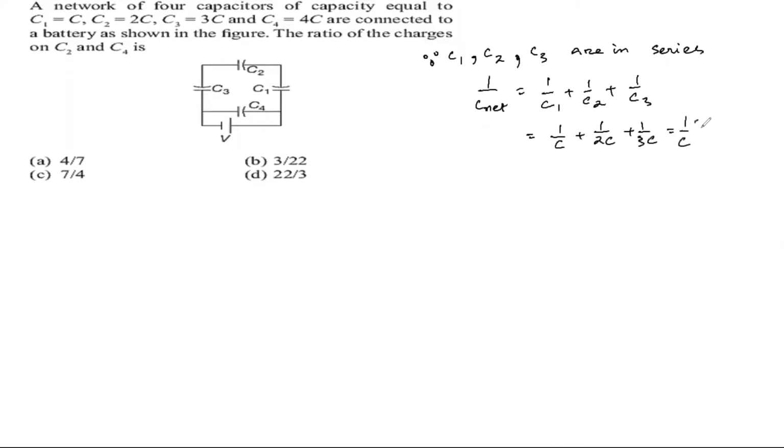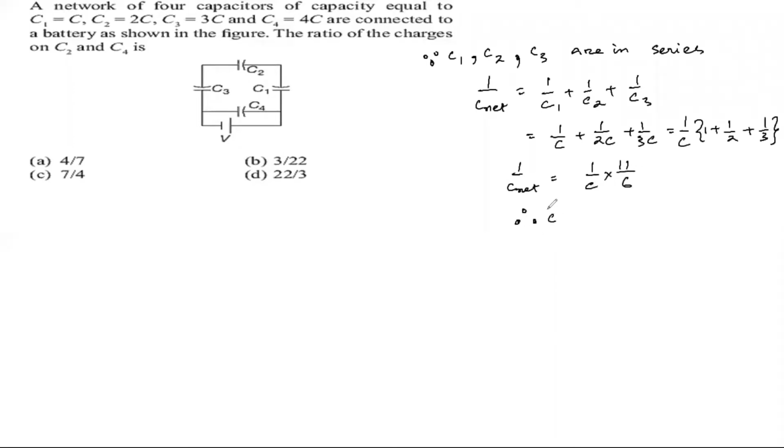If you take C common, you get 1 plus 1 by 2 plus 1 by 3. So our 1 by C net will be 1 by C, LCM is 6, so it will be 11 by 6.